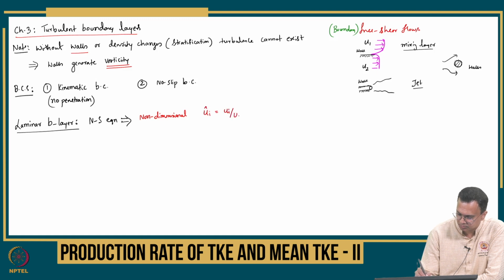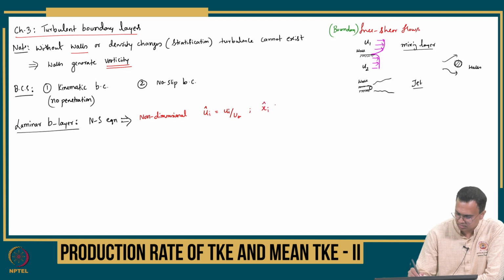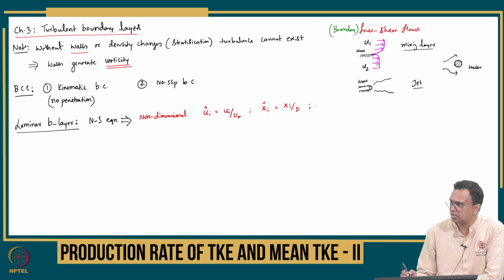u_i cap equals u_i by some U infinity, some velocity scale I am using to non-dimensionalize u. Similarly, non-dimensionalize x_i using some length scale, d is some length scale. This you would have done in your fluid mechanics courses, a non-dimensional Navier-Stokes equation.